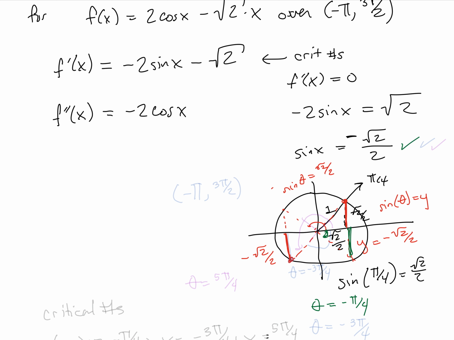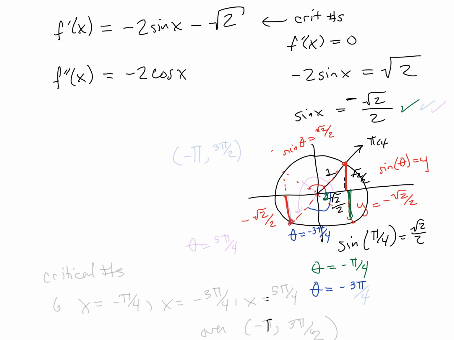Another value for x that solves that equation is this angle, theta equals negative 3 pi over 4. That is also a situation where the height of that triangle on the unit circle, or the y value, is negative square root of 2 over 2. So that's another solution to this problem.